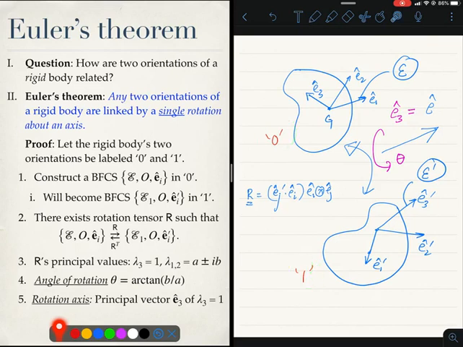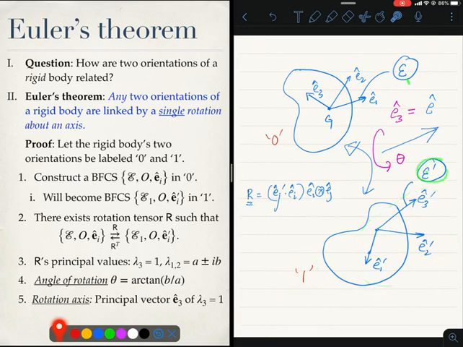I am given the orientation 0 and 1. That means in orientation 0 I know this body fixed Cartesian coordinate system. Since I know this orientation, I know the new orientation of the BFCS, which I am calling E prime.